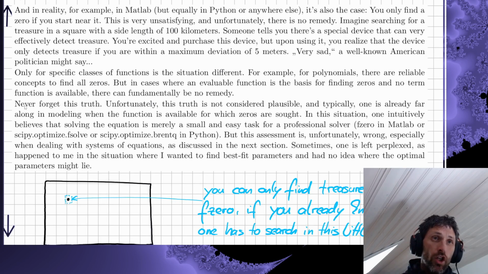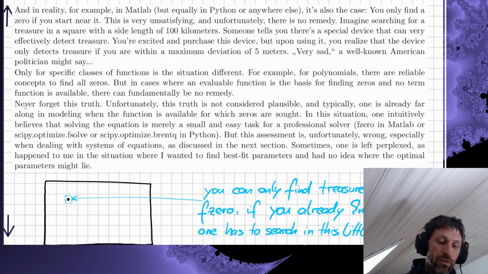Maybe you spend a lot of time modeling and you are very glad to find the equation, and then you will be a little astonished when you find out that you on top need a good approximation of the solution you are looking for.